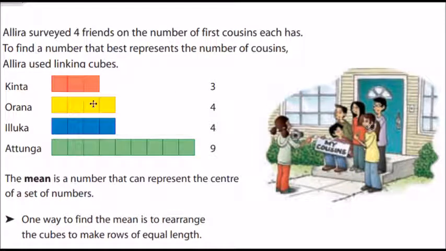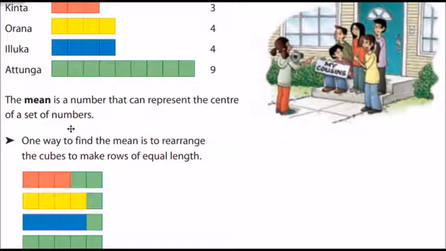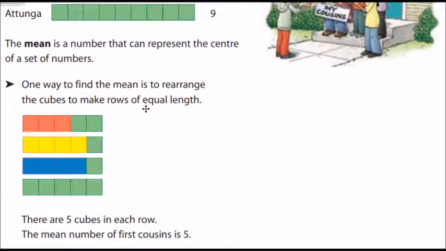Kinta has 3, Orana has 4, Iluka has 4, and Atunga has 9. When I use the word mean, it is a number that represents the center of a set of numbers. One way to find the mean is to rearrange the cubes to make rows of equal length.